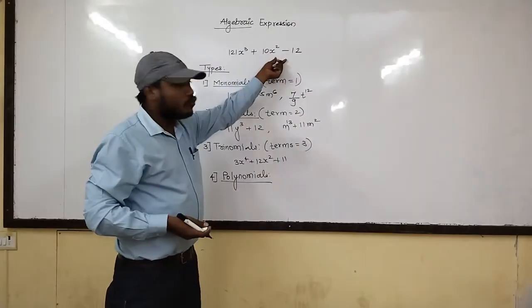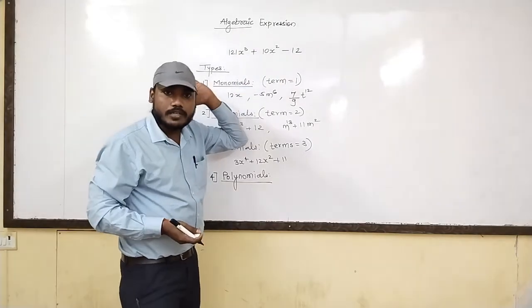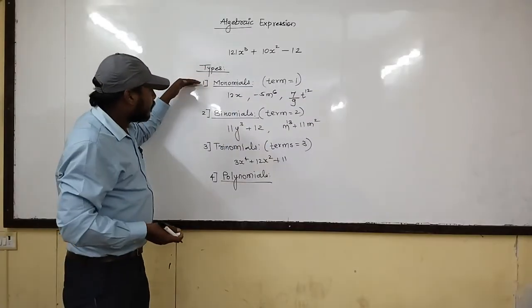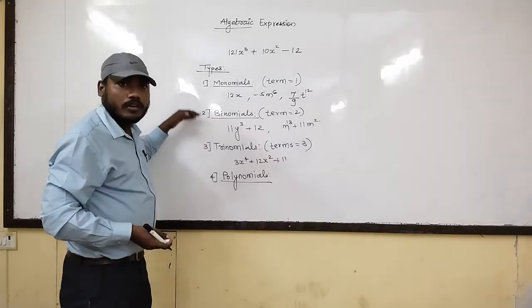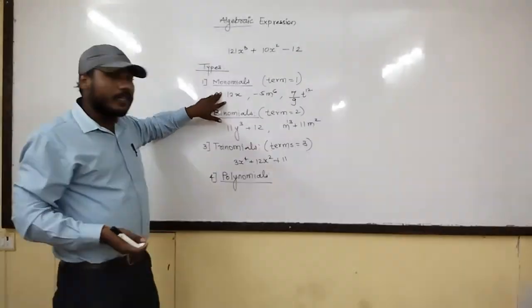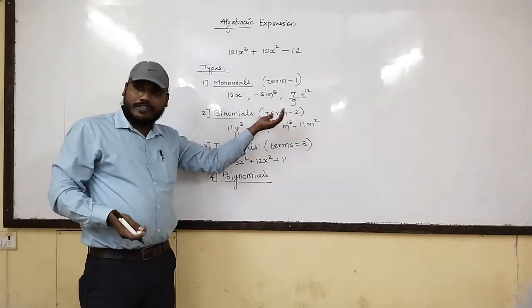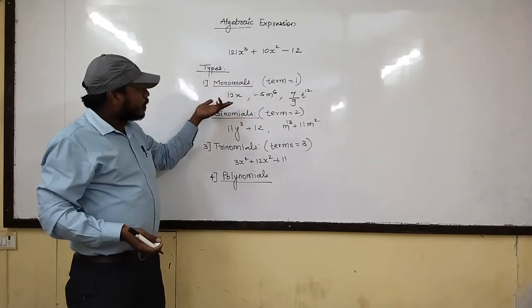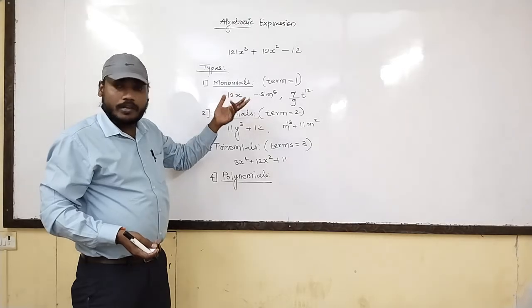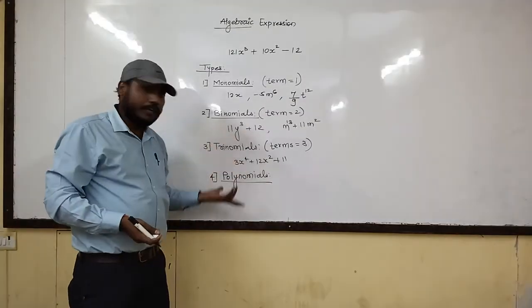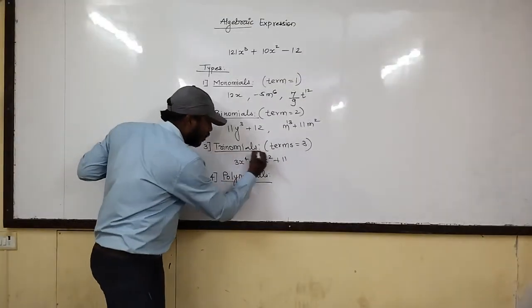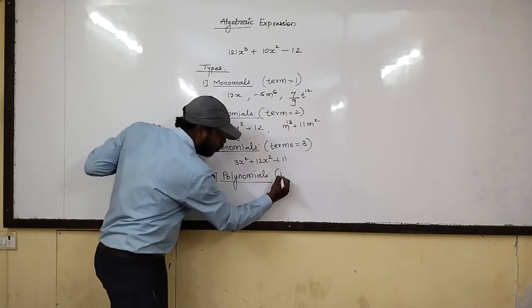If we have 2 signs, that means we have 3 terms. So depending on the terms, we have different types. The first type is known as monomial because the number of terms is 1. The second type is binomial because the number of terms is 2. One term is a monomial, two terms a binomial, three terms a trinomial, and four terms is more than three terms.